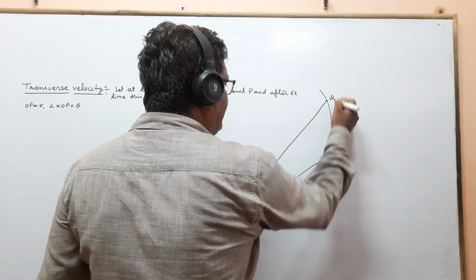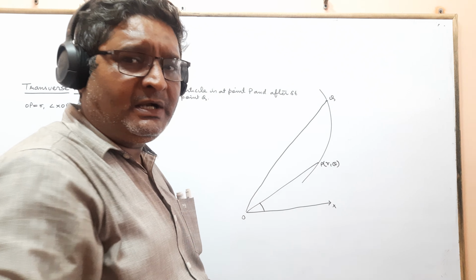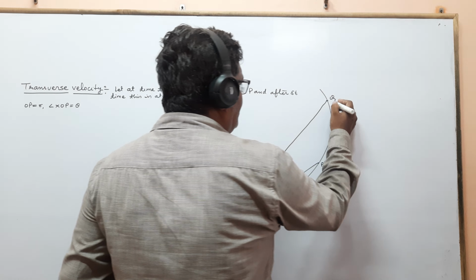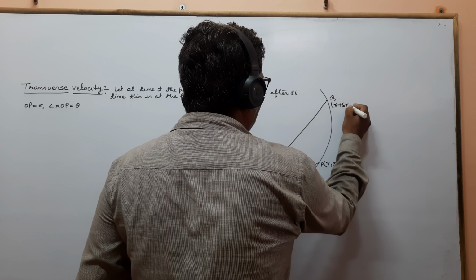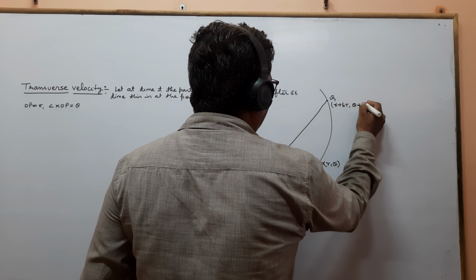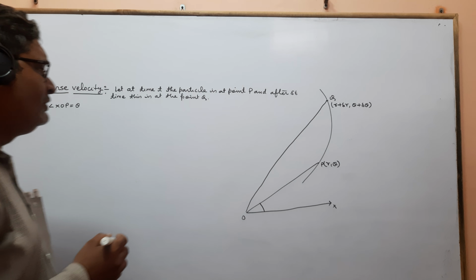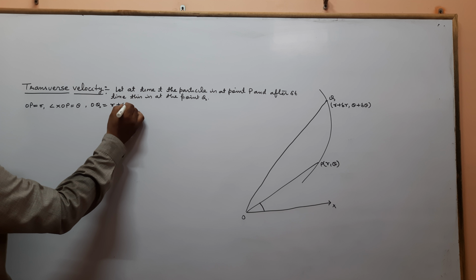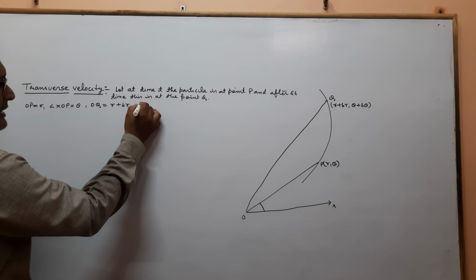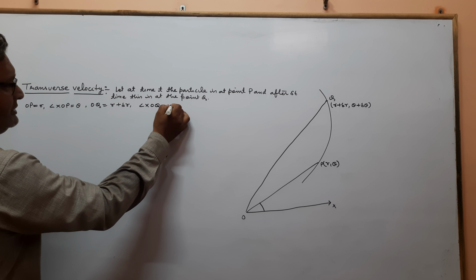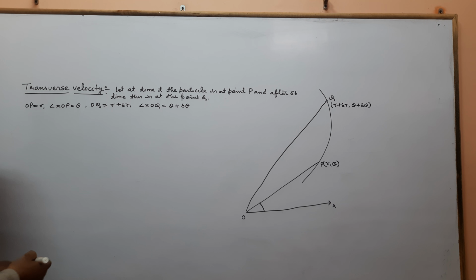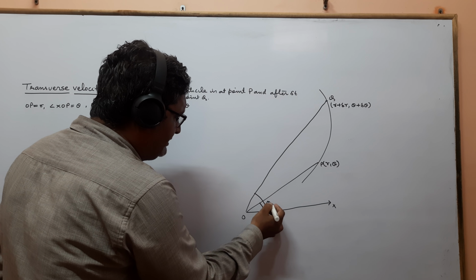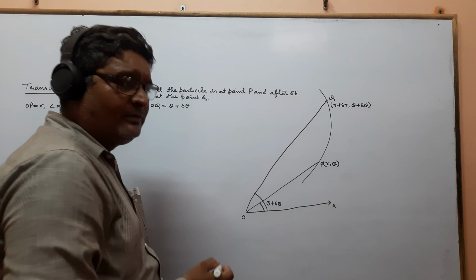Now we suppose that after del t time the particle is at the point Q, so the polar coordinates of Q are r plus del r and theta plus del theta. So the radius vector OQ is equal to r plus del r and angle XOQ is equal to theta plus del theta.